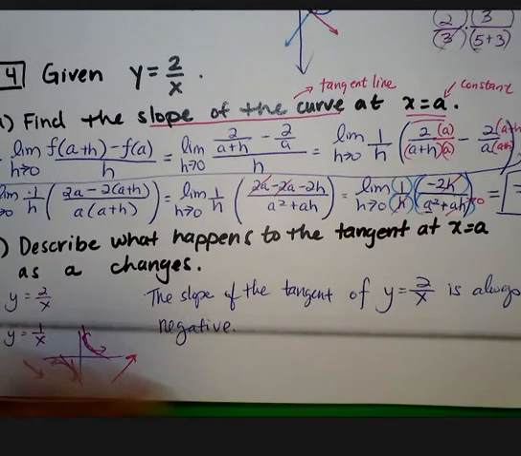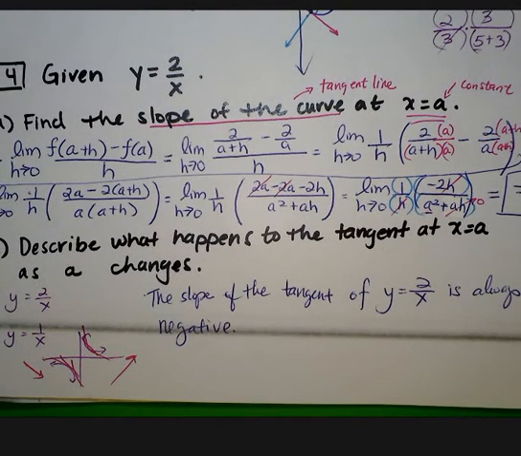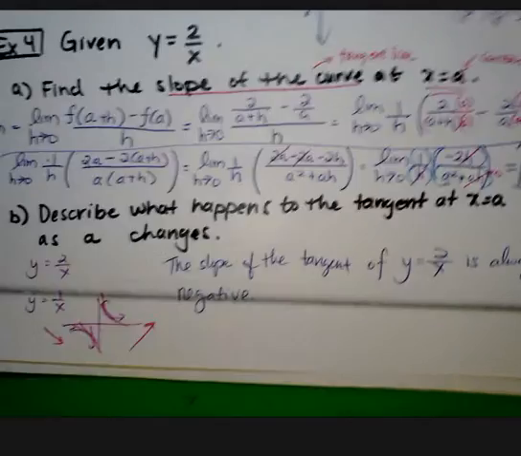So how can we say this? The slope is always negative. I mean, we can say it in different ways. How about we say this?